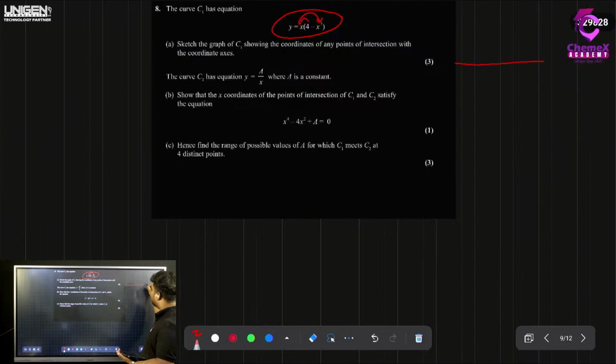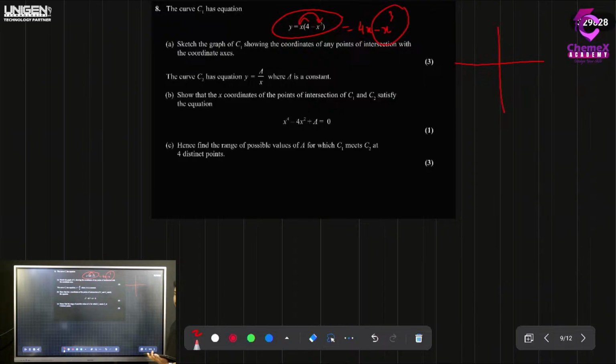It will be a cubic graph, because if you multiply, you get 4x minus x to the power 3. Minus x to the power 3 will go this way, positive x to the power 3 will go like this.